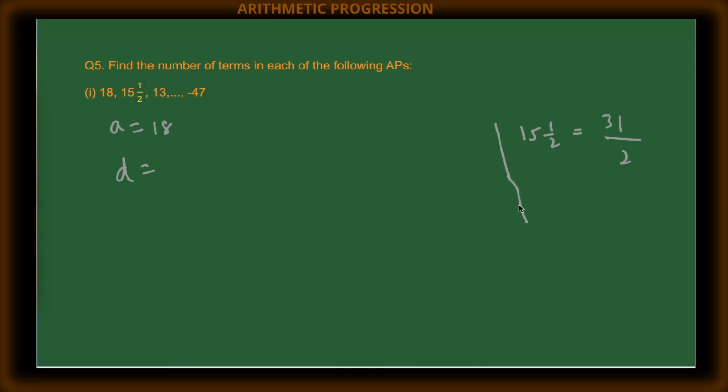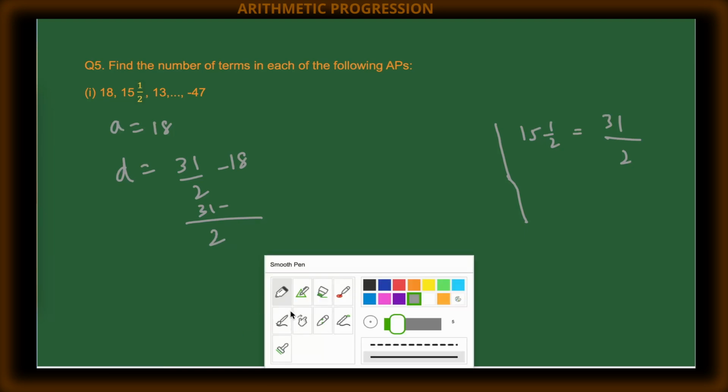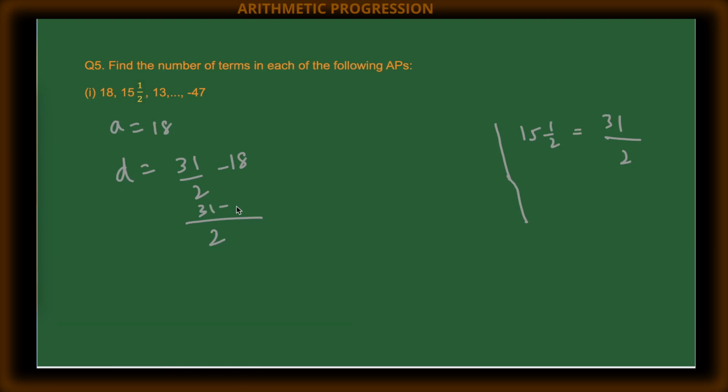Let's find 31 by 2 minus 18. 31 minus 36, over 2, will be equal to minus 5 divided by 2. So D is minus 5 divided by 2 here.